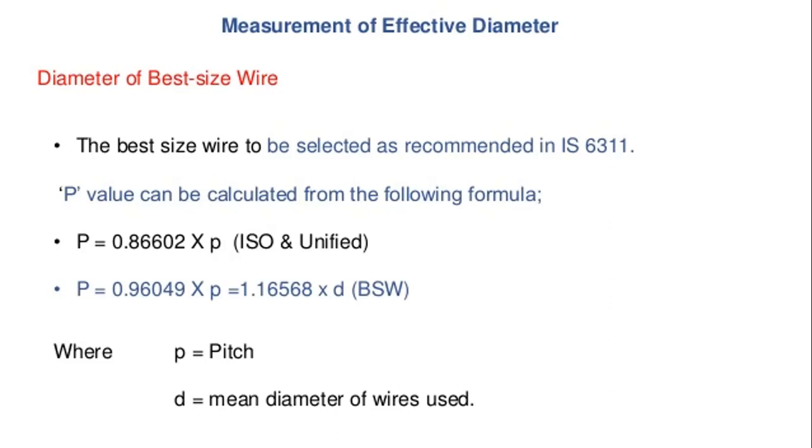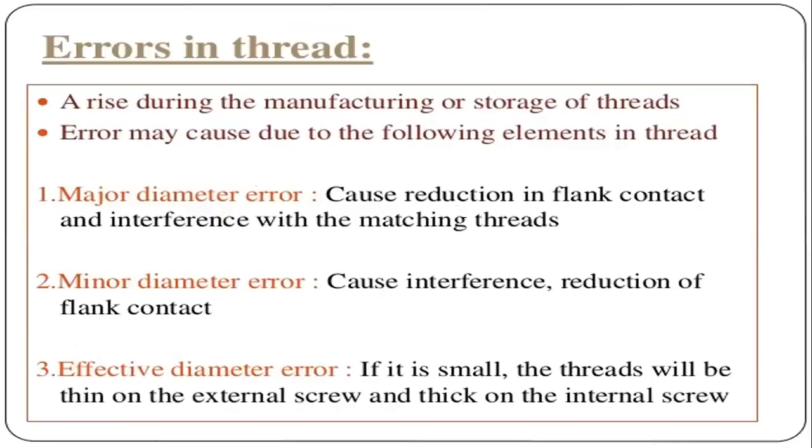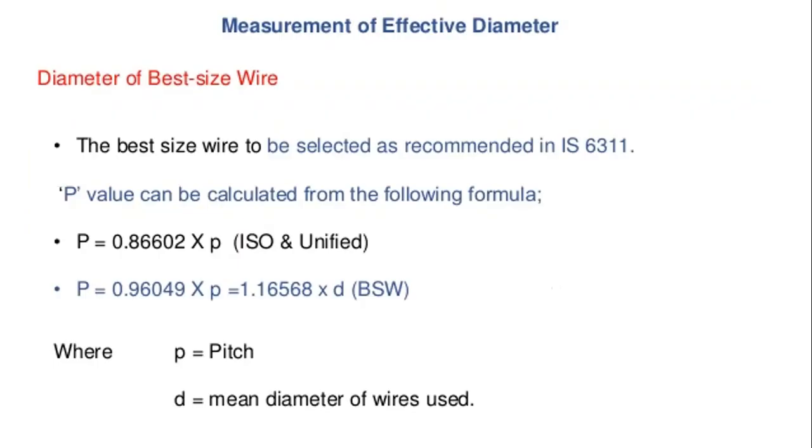Then that has to be calculated for the diameter of the best wire size. You have to take these elements regarding the pitch condition and the mean diameter of the wire used.